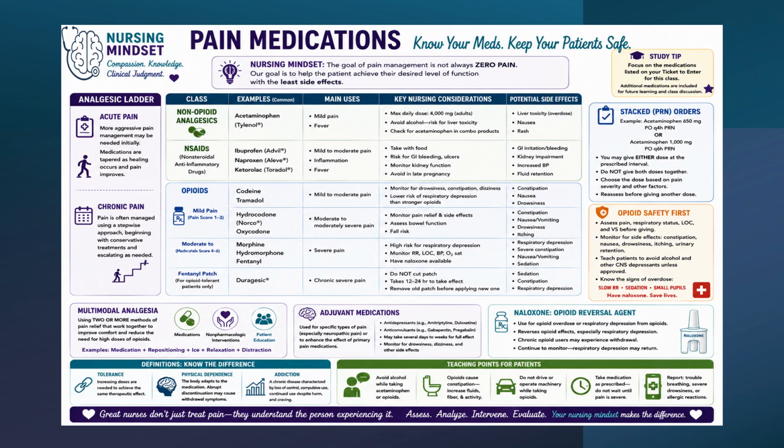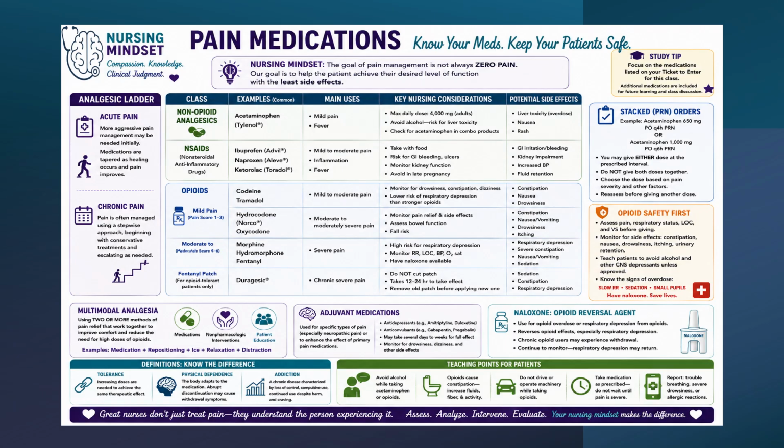So let's talk about choosing the right medication. Pain medications are selected based on the patient's assessment, the type of pain, and the severity of the pain. For mild pain, non-opioid medications such as acetaminophen or an NSAID may be appropriate. Acetaminophen is commonly used to treat pain and fever.